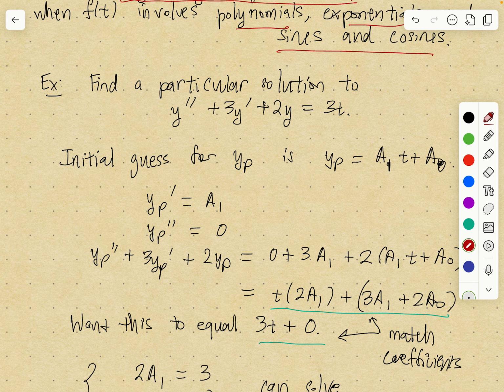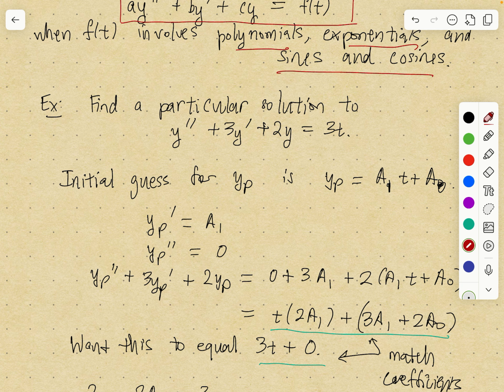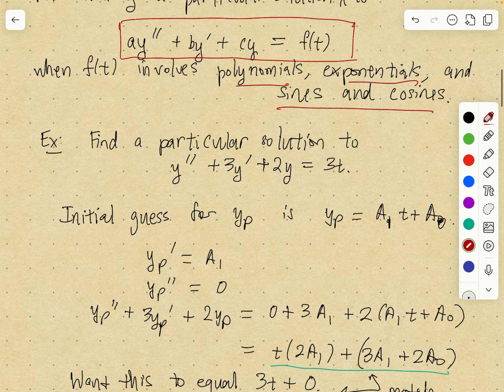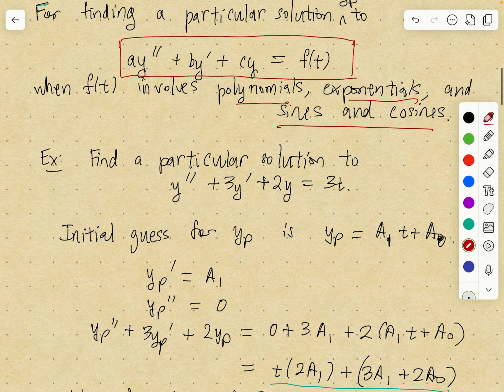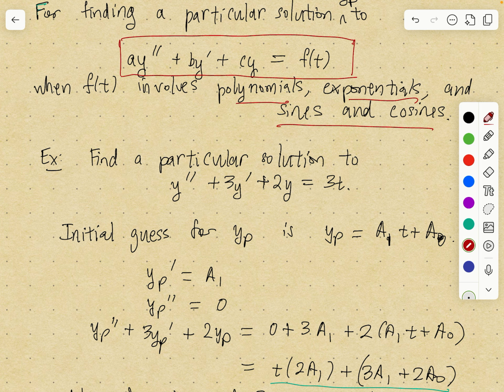So if you have a polynomial of degree n as your f of t, then your yp is going to be a polynomial of degree n, the general polynomial of degree n. But you may have to multiply by t or t squared, depending on whether r equals 0 is a single root or a double root of the equation.